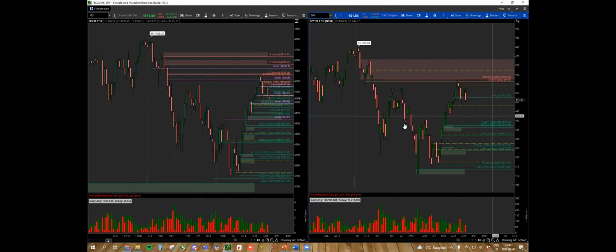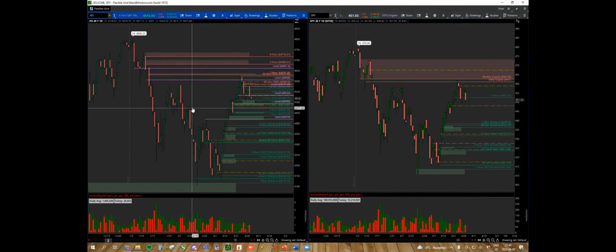You'll notice that since the futures are open 23 hours a day, the price action on futures is way cleaner on the daily chart as well. There are no gaps and everything. So that's another reason, because I do chart supply and demand zones on the daily as well.